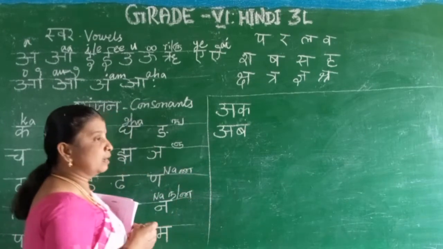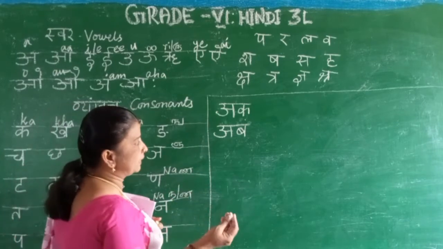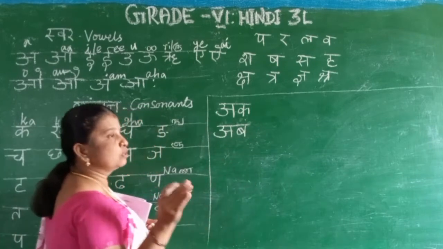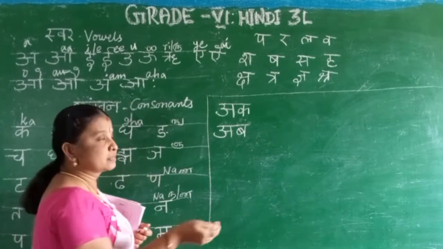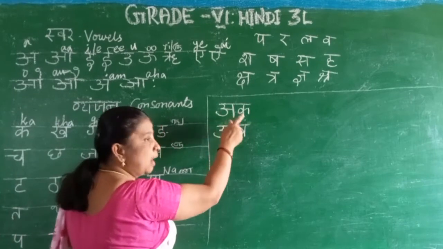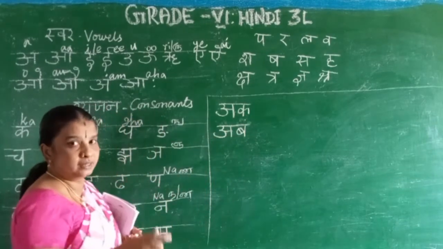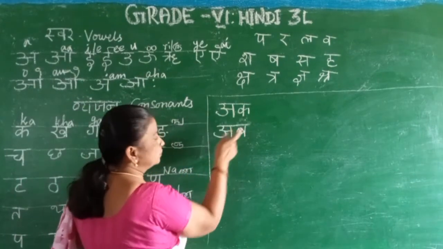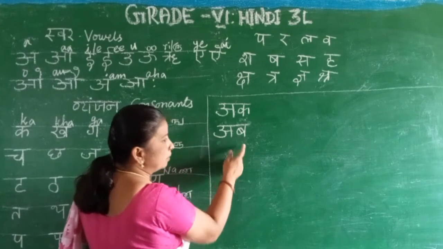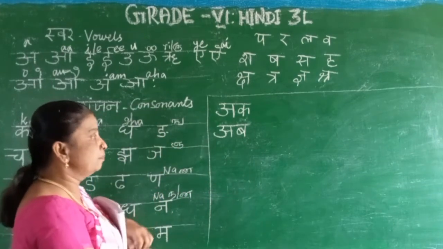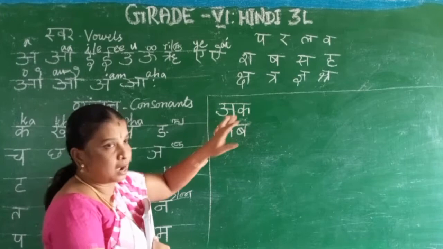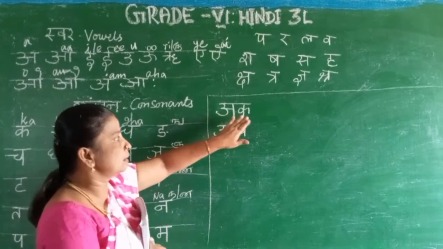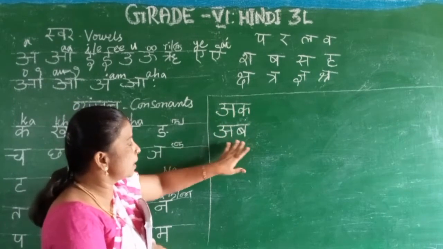Some students make mistakes while reading, saying ib, ab, ak, ak. Not like that. You say the full sound of the letters. Ka, ak. This is the method for reading two-letter words. Ba, ab. The correct method for two-letter words is ka, ak, ba, ab.